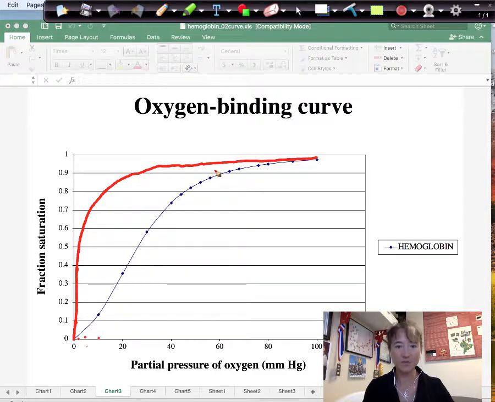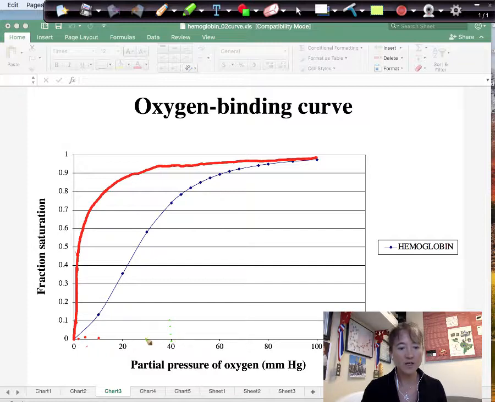So even so, my hemoglobin is going to become largely saturated at the level of the lungs. But when the hemoglobin then takes the oxygen through the bloodstream and to the level of the tissues, that's where we're going to start to see decreases in the partial pressure to the point where we're down around 40 millimeters of mercury or torr.